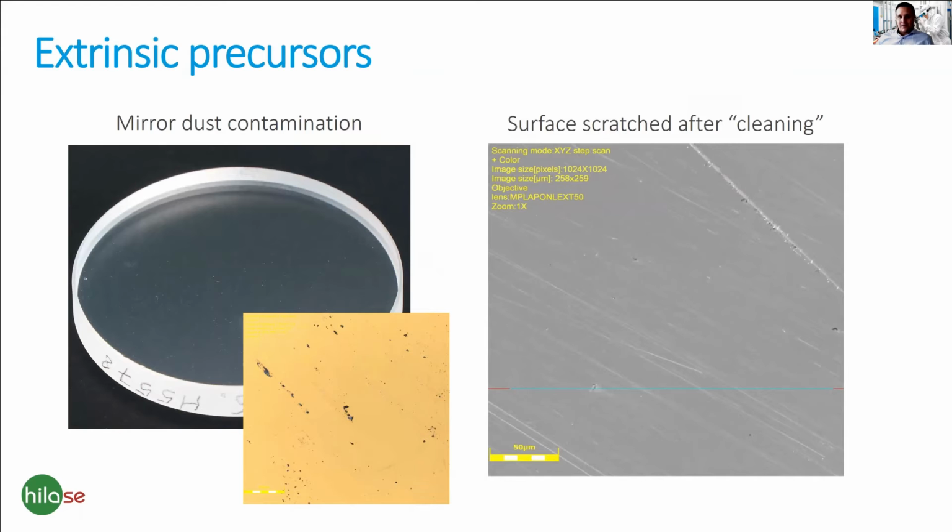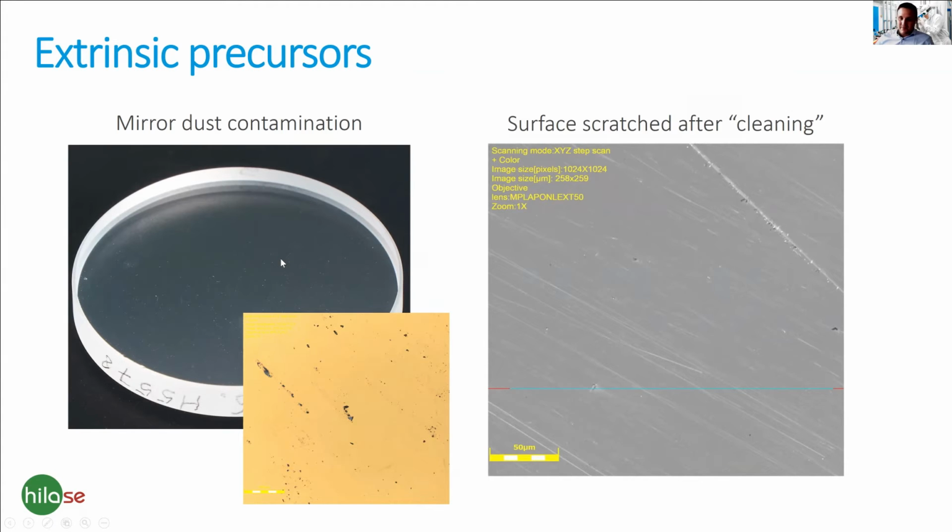Let's talk a bit about extrinsic precursors. What we can see here is a mirror dust contamination issue. On the picture on the left, you can see a mirror which has some dust particles on the surface.